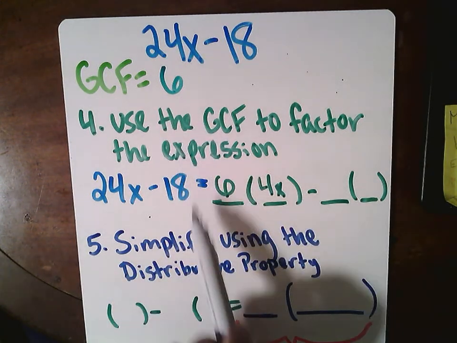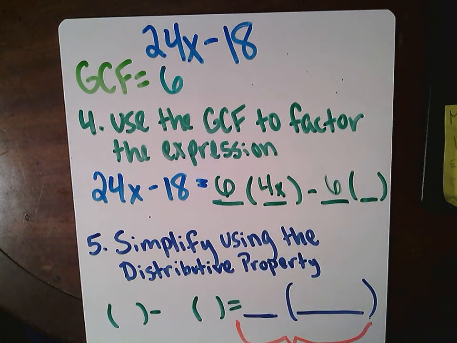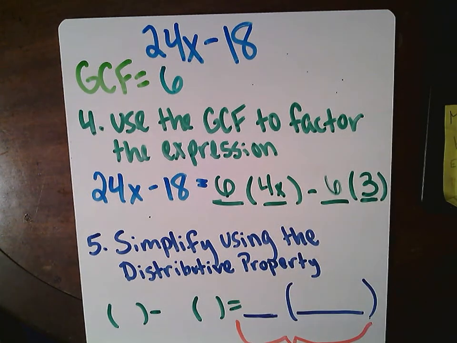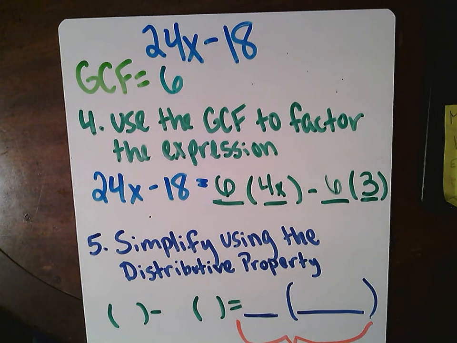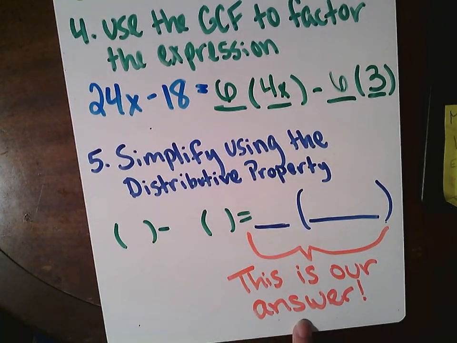So now 6 goes into 18, so we have a 6 on the outside, and 6 goes into 18 3 times. So we have a 3 on the inside right here. And that is step 4. Now step 5, we're going to simplify it to get our answer.